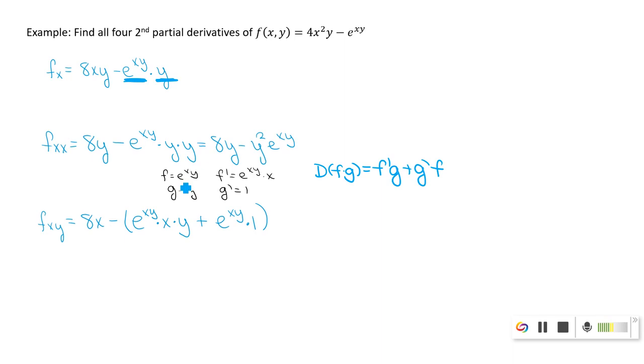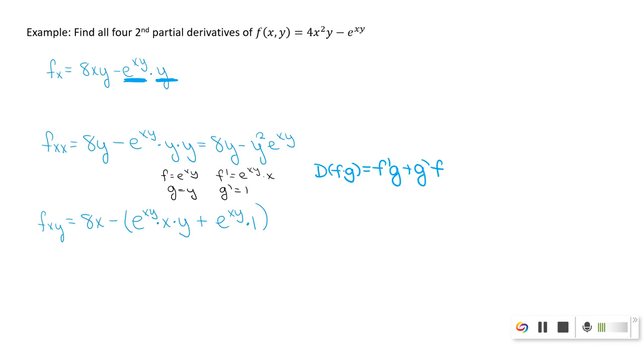So the derivative of e to the xy is e to the xy, and then I have to use the chain rule, and that's why I'm going to multiply by that x. The derivative of x times y with respect to y is just x. The g is y. Derivative of g with respect to y is just 1.